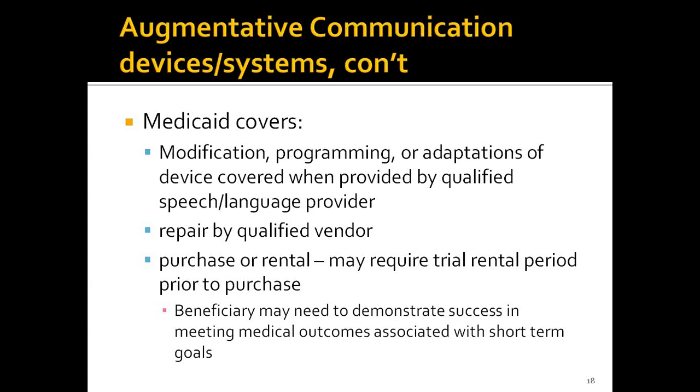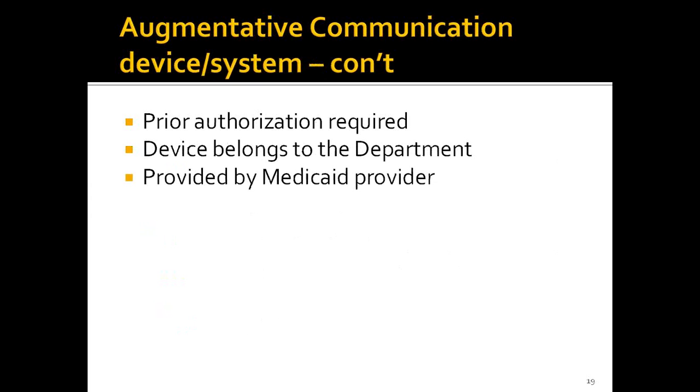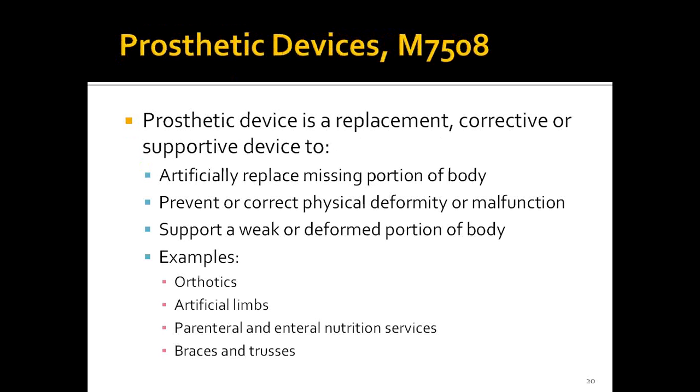Again, you may be required to rent it or have a trial rental period, and there may be some requirements that the individual demonstrates that they're actually able to use the device and benefit from the device. Again, prior authorization may be required. The device belongs to the department, and it must be provided by a qualified Medicaid provider.